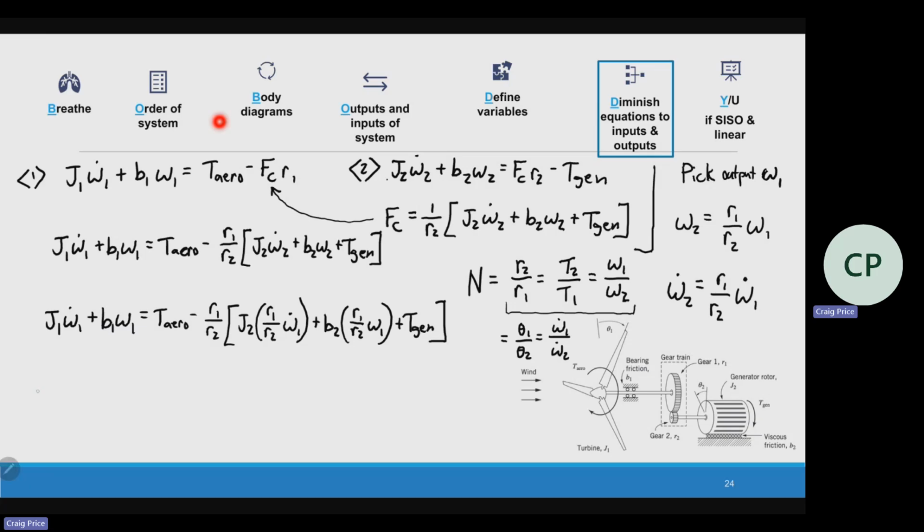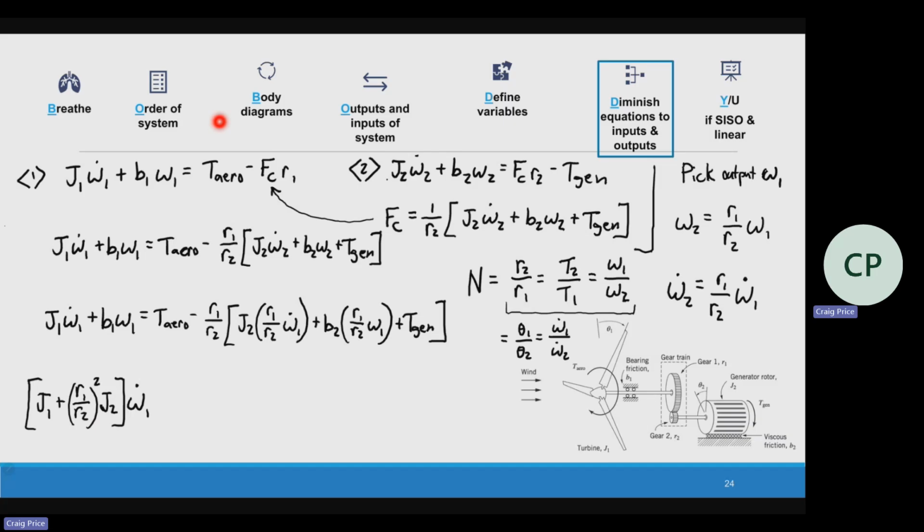For example, my starting point, I'm going to have J1 plus R1 over R2 squared times J2. This is all multiplied by omega 1 dot. So it's a combination, which makes sense.